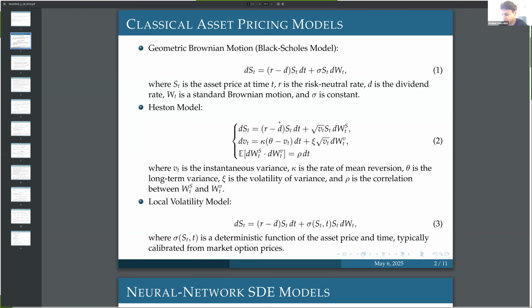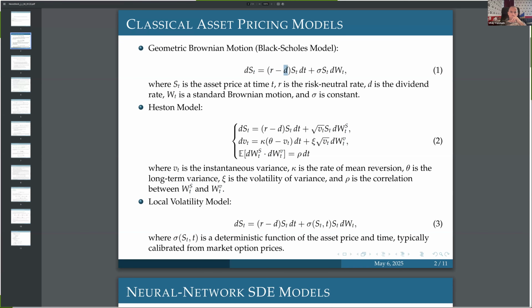The Black-Scholes model assumes asset prices move smoothly with constant volatility sigma, making it simple but limited in complex markets. The coefficients r and d are here because money loses its value over time and assets can pay dividends.